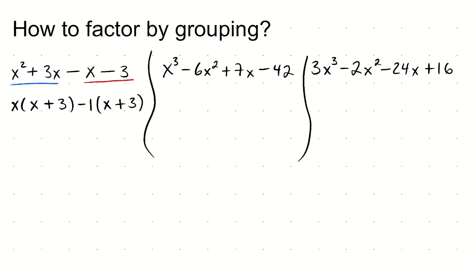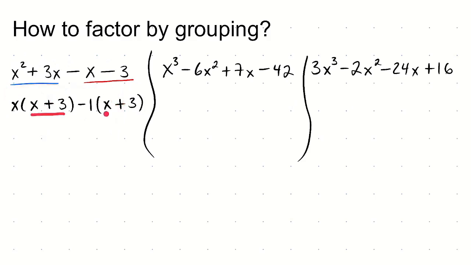So now I can see that these two terms have an x plus 3 in common. So I'm going to take this x plus 3 and factor it out. So you want to think about this as, if you had an x times y and a negative 1 times y, you can factor out a y from both of them. But right here, it's a binomial.